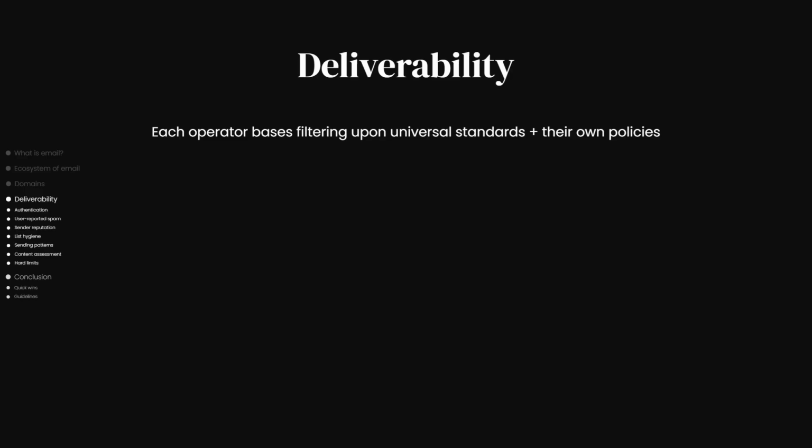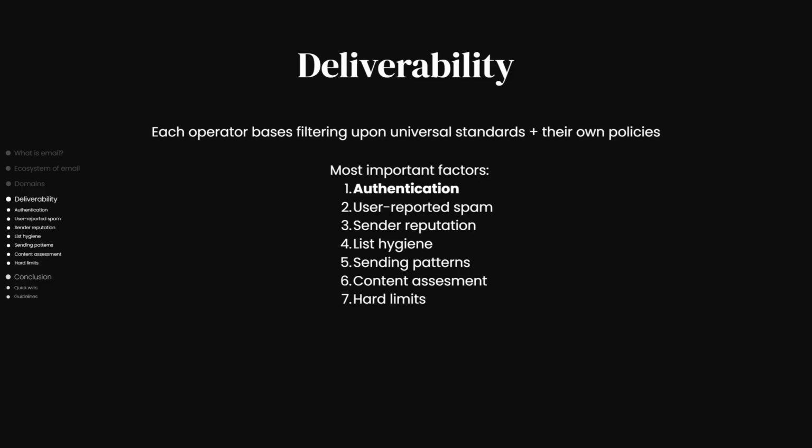Okay, cool. Each operator bases its filtering upon universal standards and also some of its own policies. These policies and standards consist of the most important factors. But before we go on to these, what this means is that on one operator, on one MUA, let's say you're mailing the same mail to someone on Outlook and someone on Gmail, one of them could receive your letter and the other one couldn't.